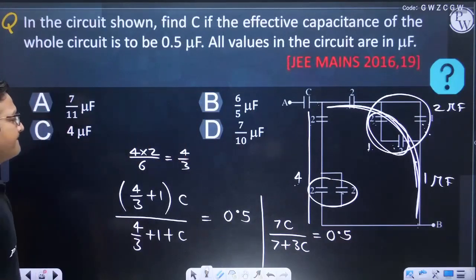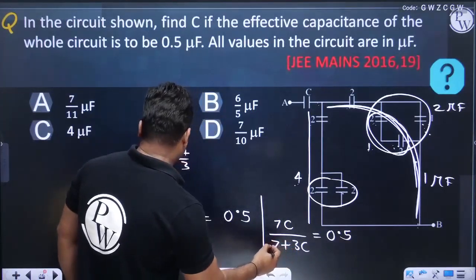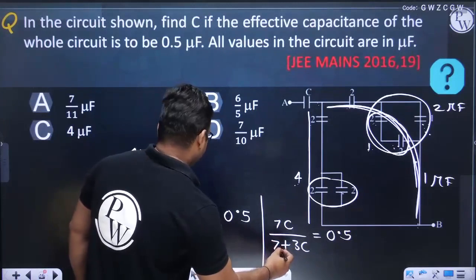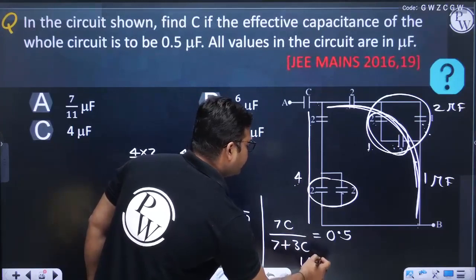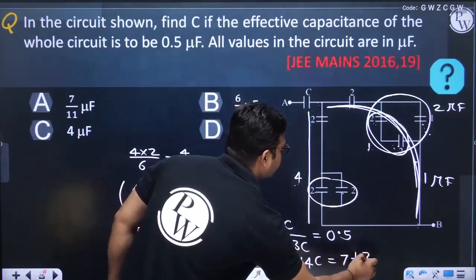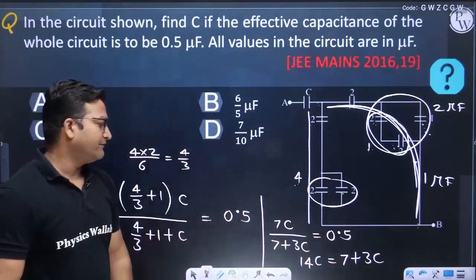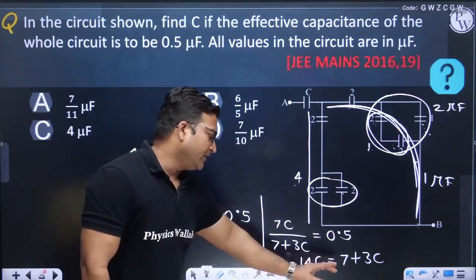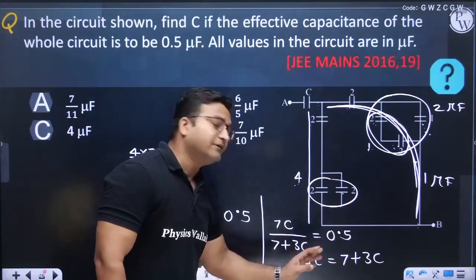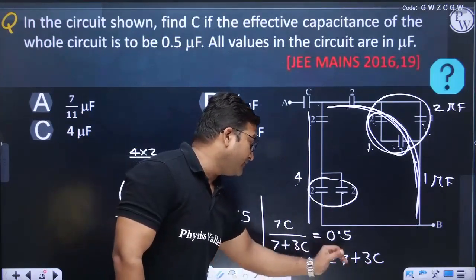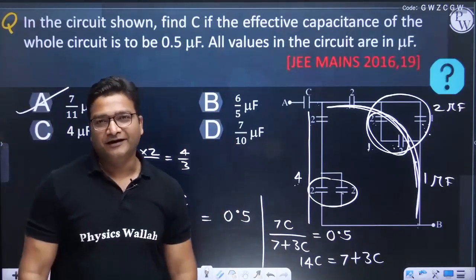Now if I solve this, let us see what the value of C is. Because 0.5 is 1 by 2, 2 multiplied by 7C, it becomes 14C equals 7 plus 3C. And you bring this 3C on the left. 14 minus 3 is 11. So C becomes 7 by 11. And 7 by 11, obviously option A is perfectly okay.